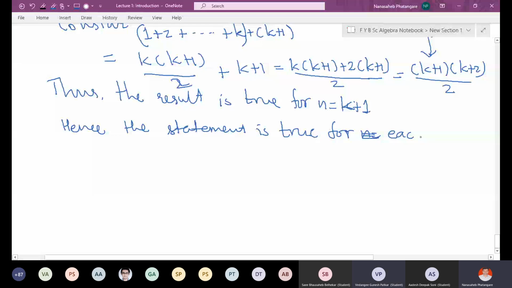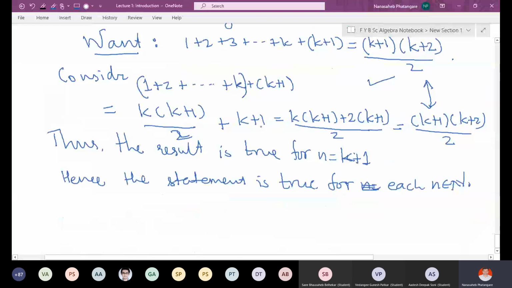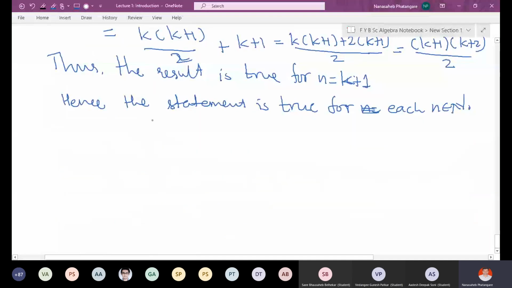So in this problem the steps were very easy, but the main point is you need to understand logically what steps we have to follow and how it works. That was the main point. Otherwise the calculations are very elementary. So is it clear? Yes, sir.